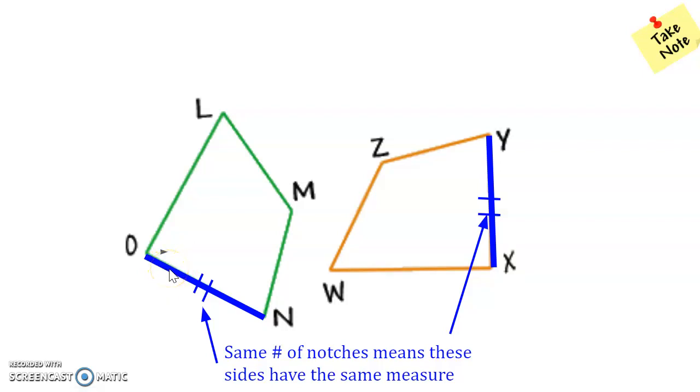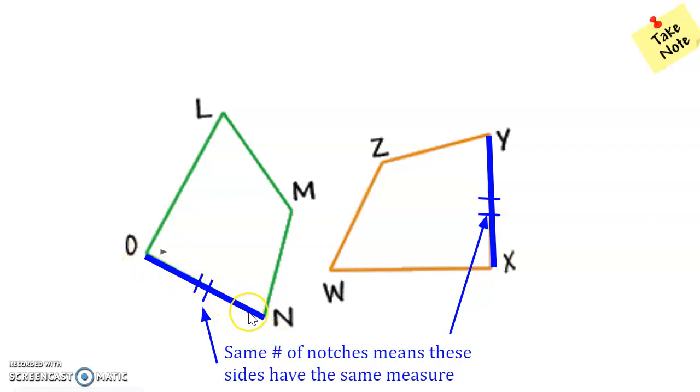And how do we mathematically write that? Using mathematical notations, if I just said O is congruent to Y, I don't know whether I'm talking about point O, or this side or that side, or what about O. However, if you use two letters, O is the starting point and N is the ending point of the line.